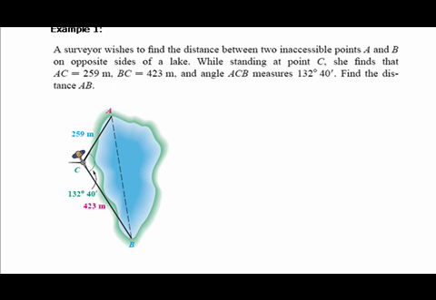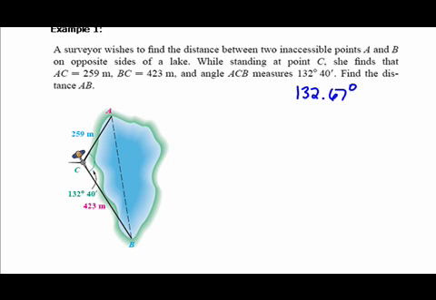This question says that a surveyor wishes to find the distance between two inaccessible points A and B on opposite sides of a lake. While standing at point C, she finds that the distance AC is 259 miles, BC is 423 miles, and the angle in between those two sides is 132 degrees 40 minutes, which let's change to 132.67 degrees. 40 out of 60 minutes is 2/3, so 0.67.